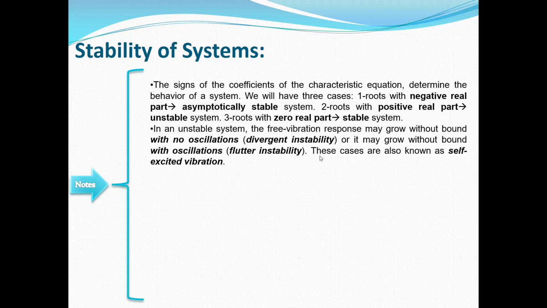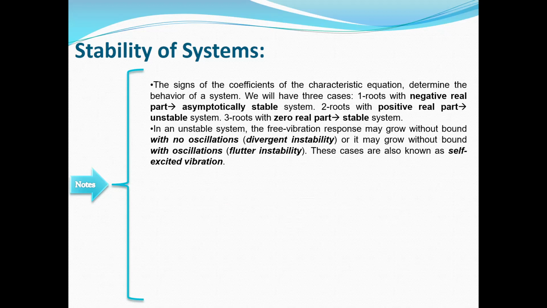The second case is also known as self-excited vibration. This case is related to some specific systems. When you derive the equation of motion, you see that the coefficient of x dot, the coefficient of velocity in the equation of motion, has a negative sign.